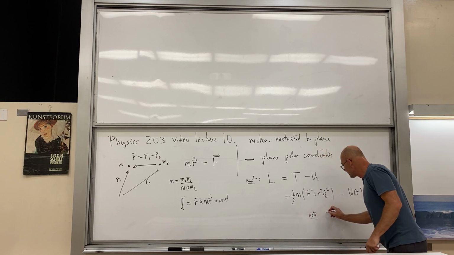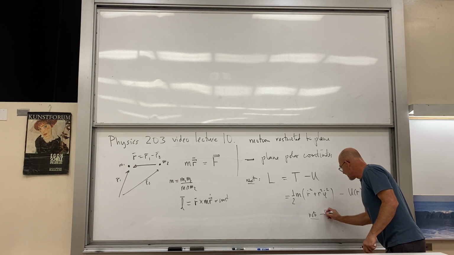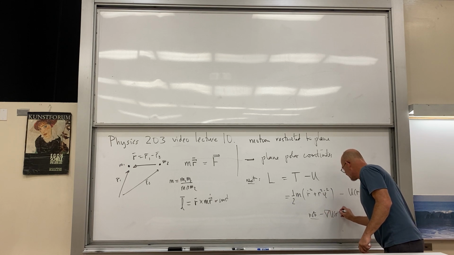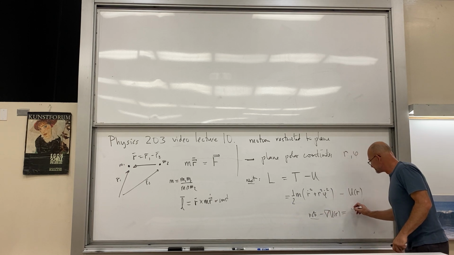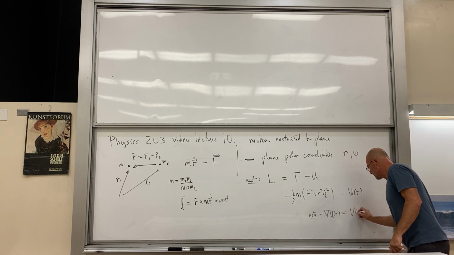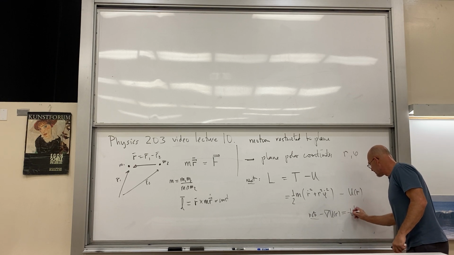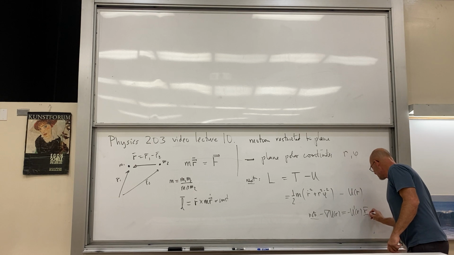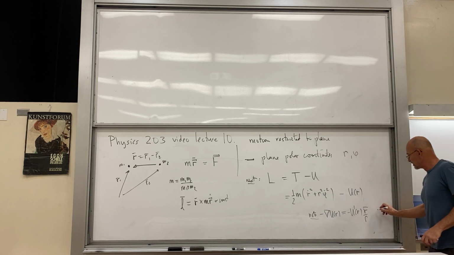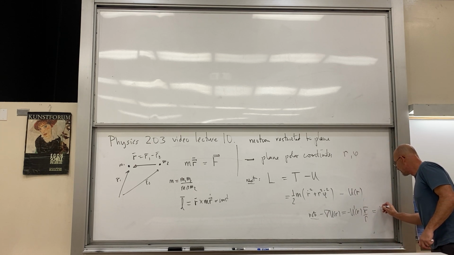And this gives us a central force. So we have minus the gradient of U of r, which is equal to minus U prime of r times that unit vector, which is the force.